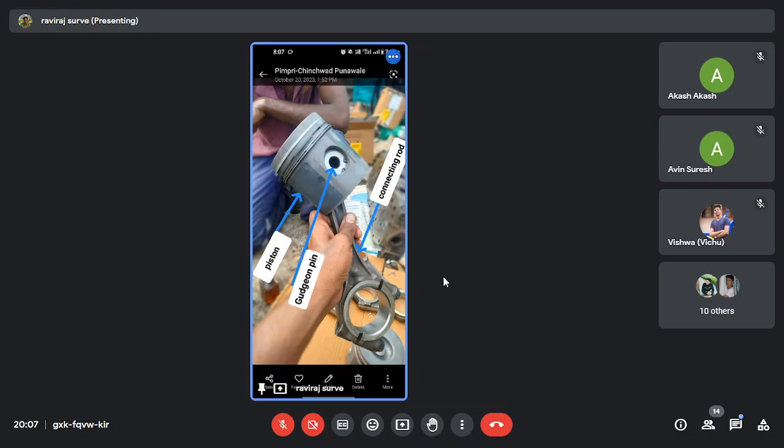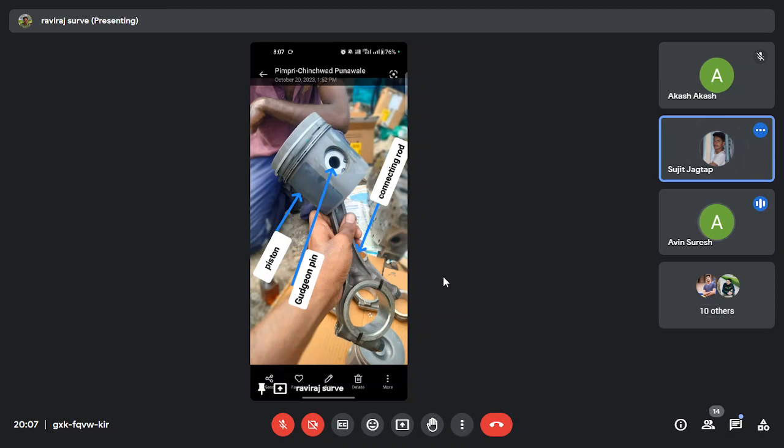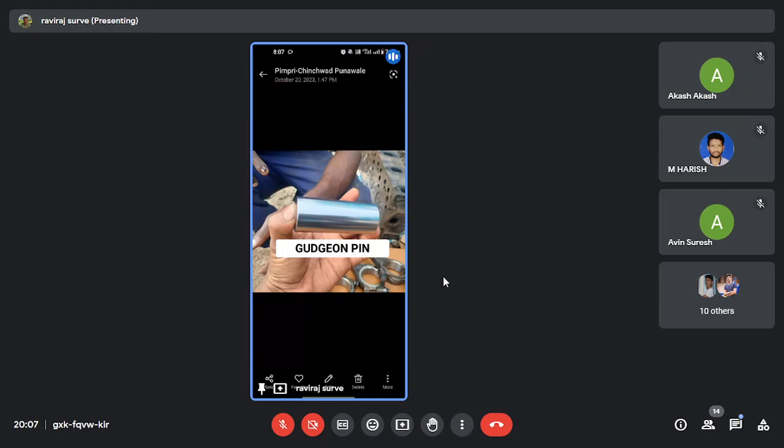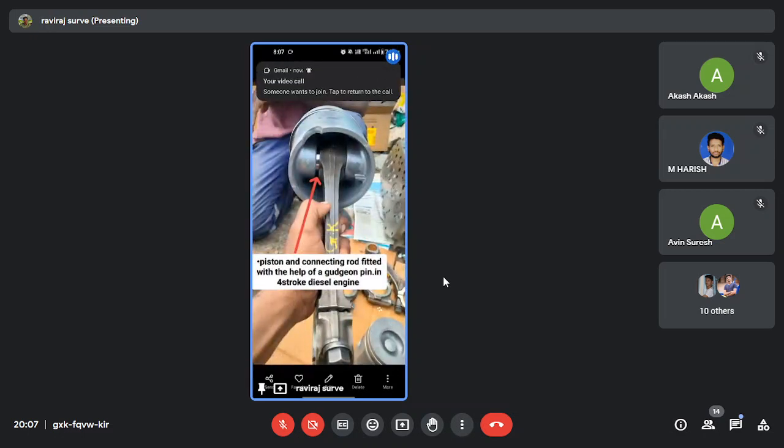Is it visible? Yes, it's visible, bro. Then you can see this is a gudgeon pin, okay. And this is the fitment of the piston and connecting rod in a four-stroke diesel engine. How it is fitted with the help of the gudgeon pin, okay.